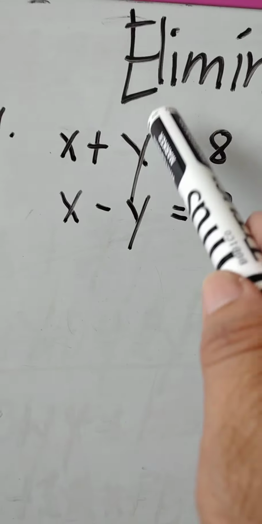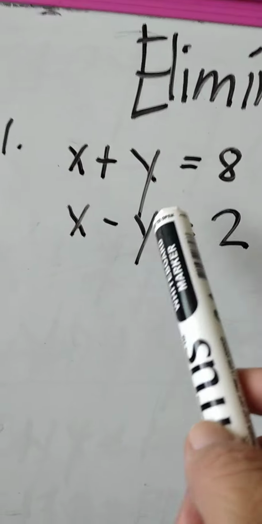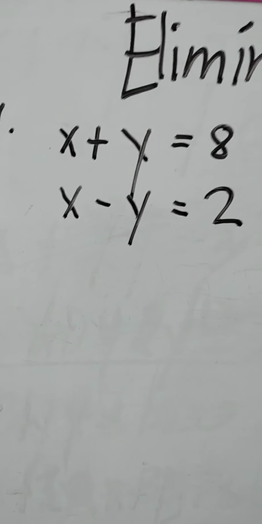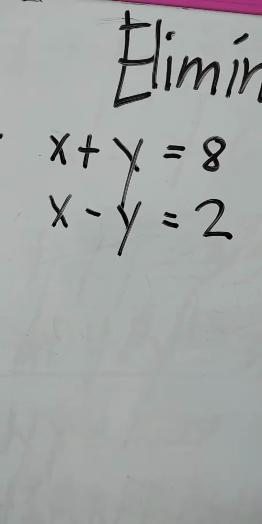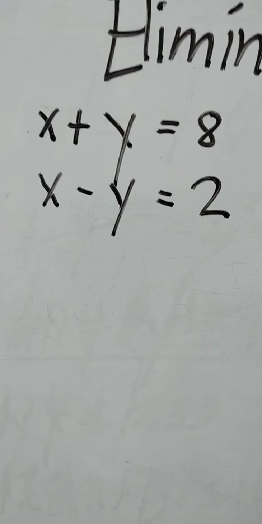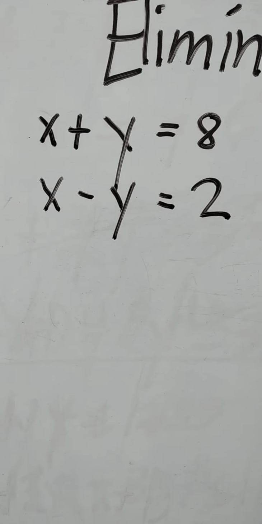Why? Because your y's are additive inverses, meaning one is positive, the other one is negative. They have the same numerical coefficient. Therefore, if you add them, you will have 0y, or y will be eliminated.